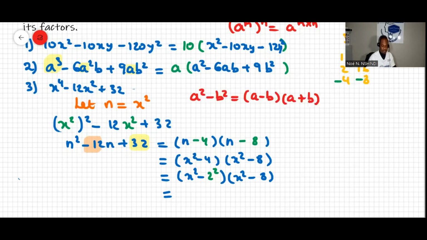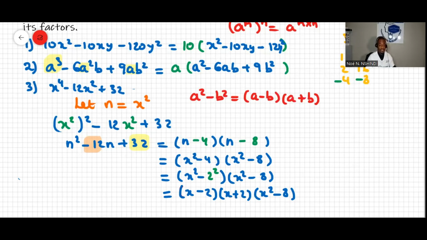So this would be x minus 2, and then x plus 2, and then x squared minus 8. Now we can say we factorized this fully.